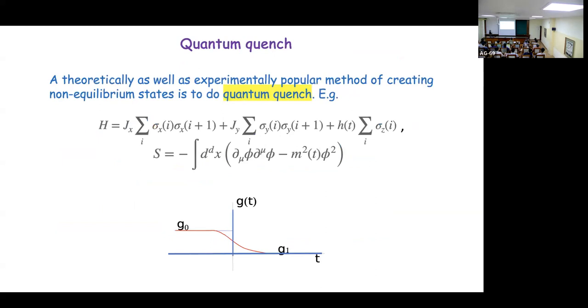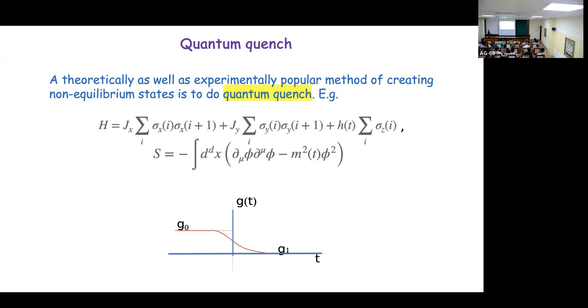So how does one study these questions? One favorite method of experimentally studying, or a theorist, is the so-called quantum quench. To start with the Hamiltonian, you have some coupling constant like the transverse magnetic field in case of this Ising example, or just a scalar field theory in which there's this mass.